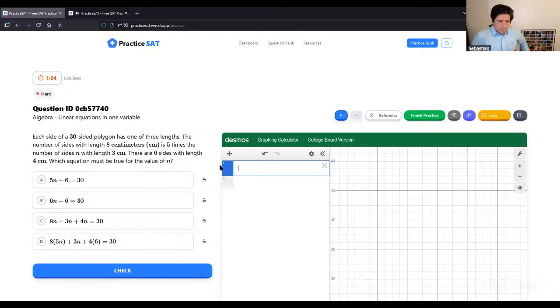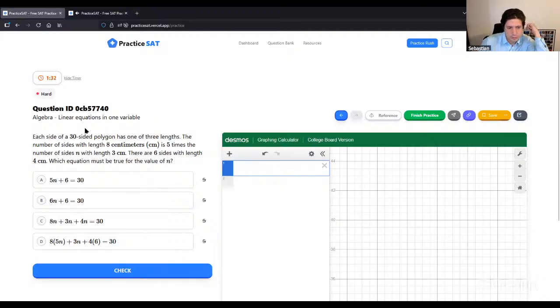Okay. Six sides with length 4. Which equation must be true for the value of n? Okay. Each side of a 30-sided polygon, the number of sides with length 8 is 5 times the number of sides with length 3, and there are 6 sides with length 4.